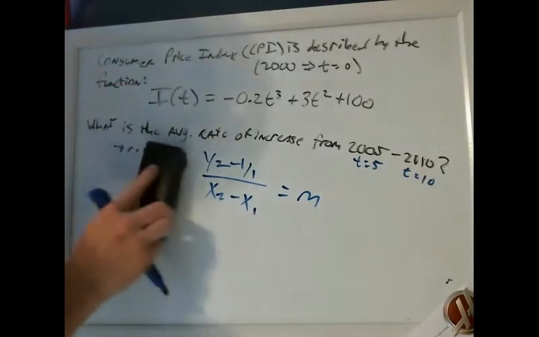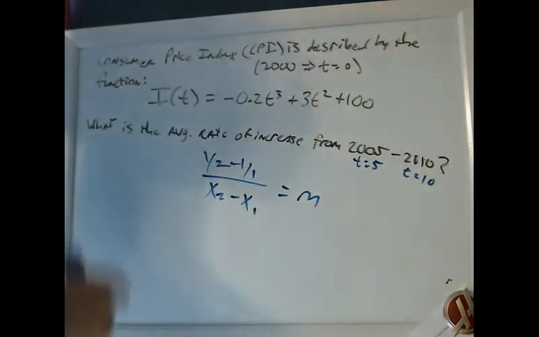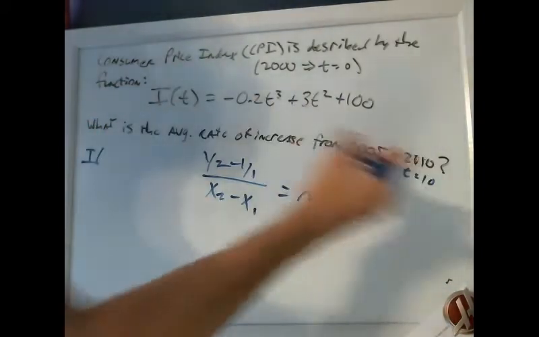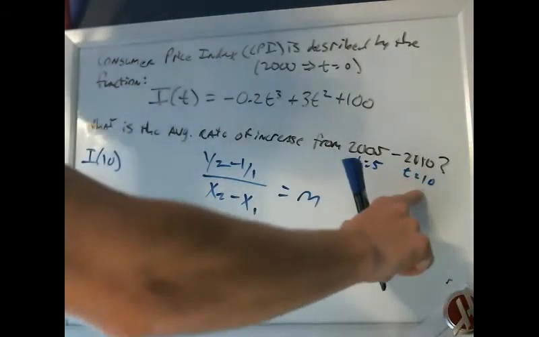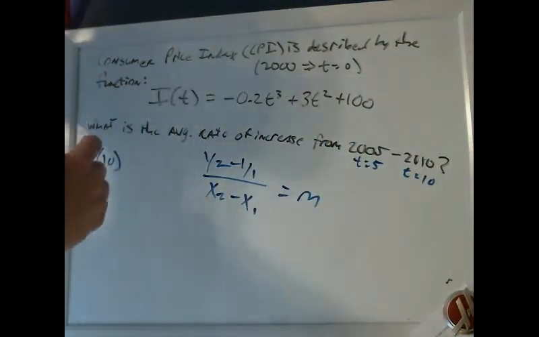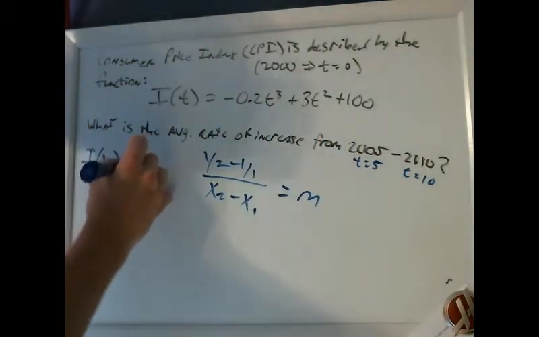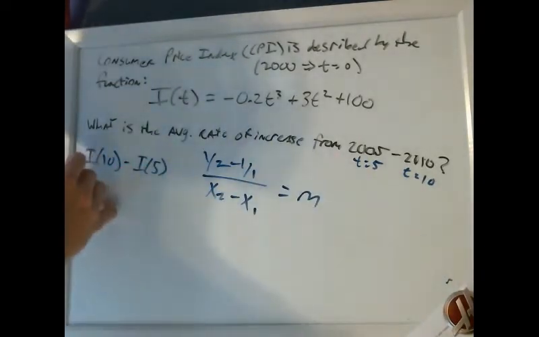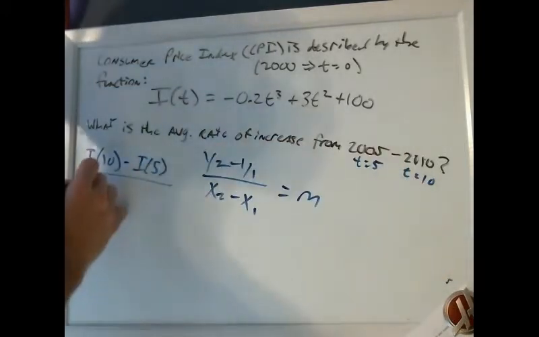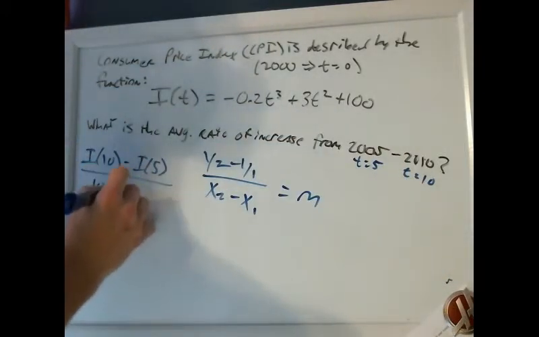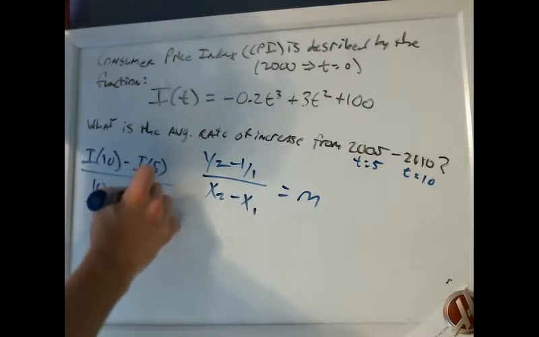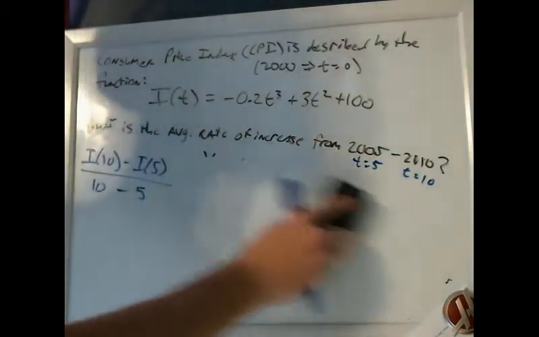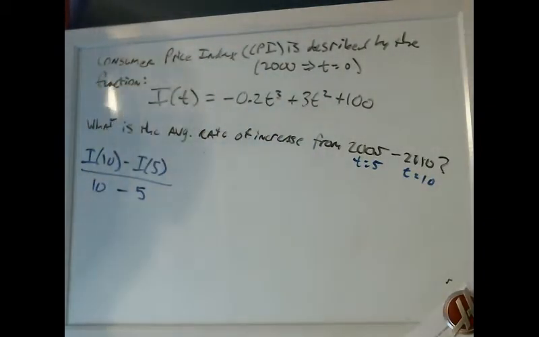So let's plug in what we have. y2 is going to be I of 10, because remember, t2 is 10, minus I of 5, which is t5, over x2, which is 10, minus x1, which is 5. And that is our overall formula for finding the slope to this problem.